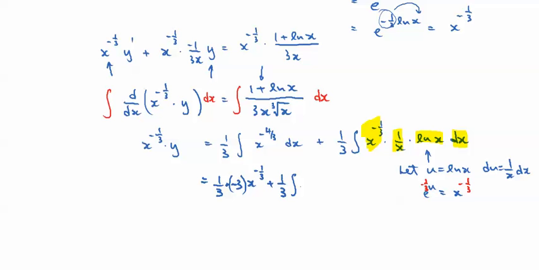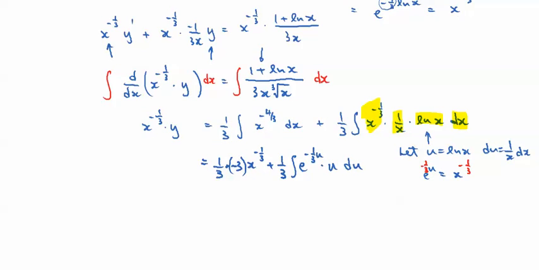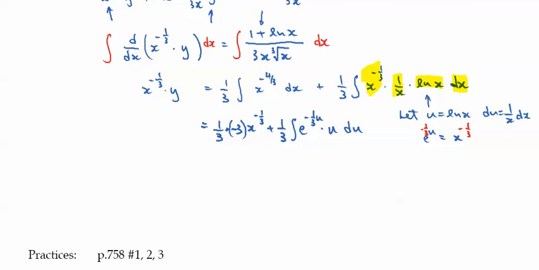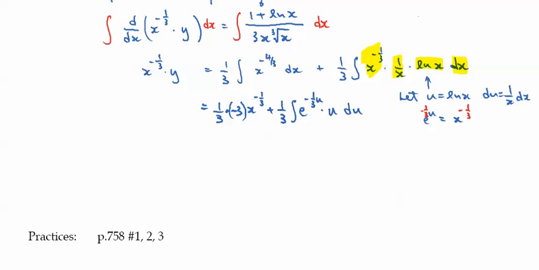We are going to integrate this negative 1/3 of u, and then we have 1 x ln x dx. That simply turns into u du. Now hopefully you find this second part familiar enough that you know what to do. This is a very typical integral, and you can integrate this part using integration by parts.